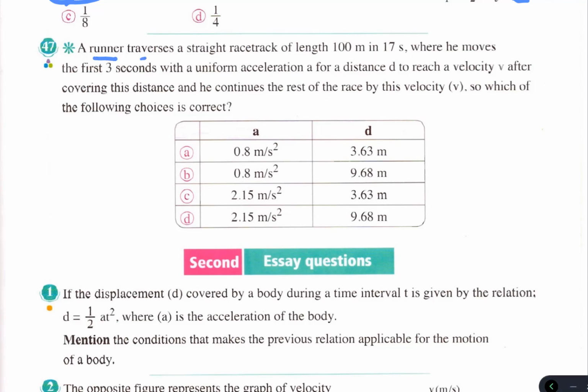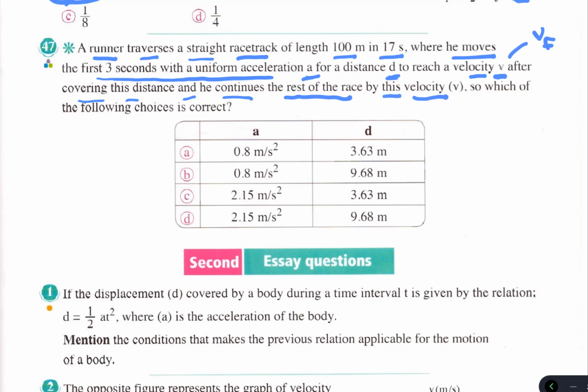A runner traverses a straight race track of length 100 meters in 17 seconds, where he moves the first 3 seconds with a uniform acceleration A, a distance D, reaches a velocity V. So V final, we call it V, covering this distance, and he continues the rest of the race by this velocity.